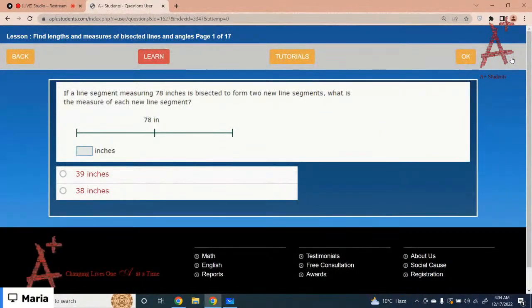Okay. If a line segment measuring 78 inches is bisected to form two new line segments, what is the measure of the new line segment? So the length of the line is 78 inches. Bisection means you divided the line into two equal parts.